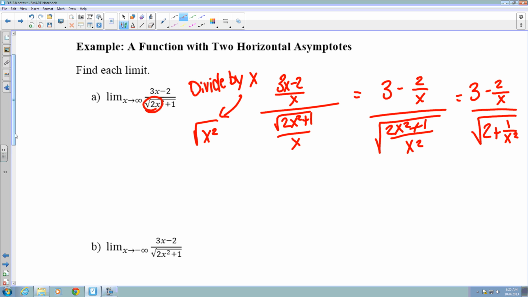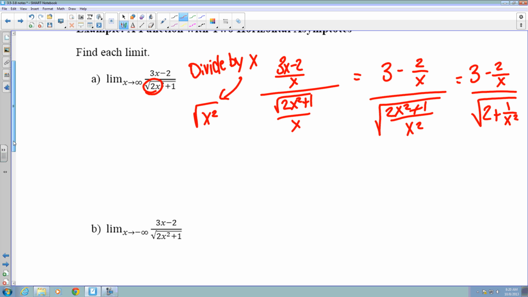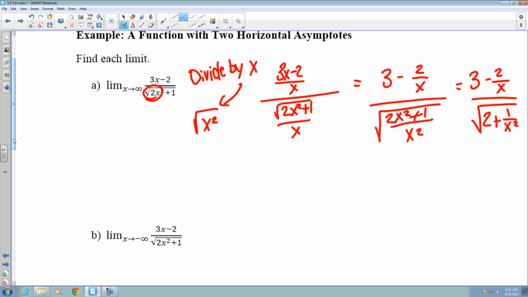Then we can take the limit of each individual term. On top, the limit of 3 is 3, the limit of 2 over x is 0. And then on the bottom, we have the limit of the square root of 2, and the limit of the square root of 1 over x squared is 0. So we have 3 over square root of 2 as our limit.